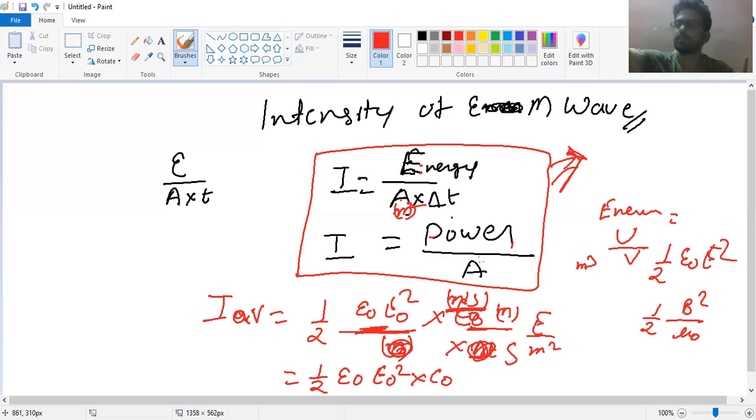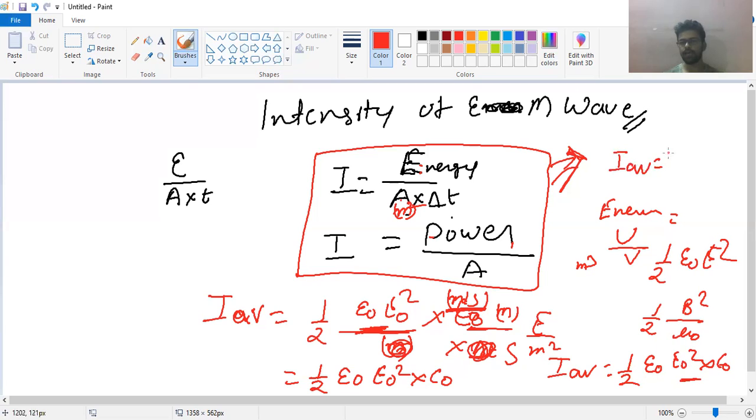One length we have to cancel. As we have multiplied one length, this length by second is speed, which can be represented as C, the velocity of light. So average intensity is 1 by 2 epsilon naught E naught square into C naught for the electric field. The average intensity for the magnetic field will be half B naught square, where mu naught comes in the denominator, into C naught.